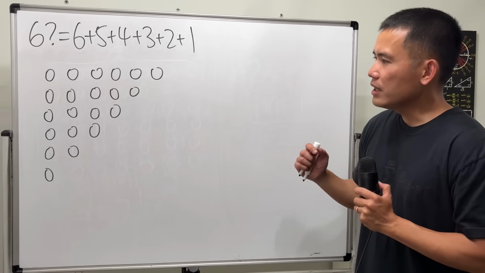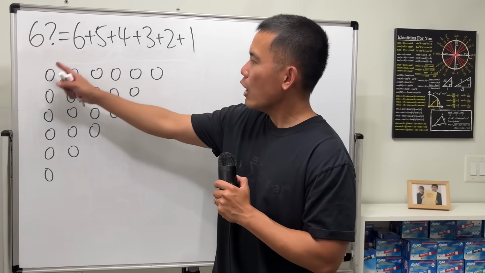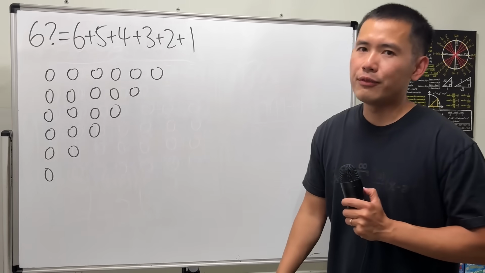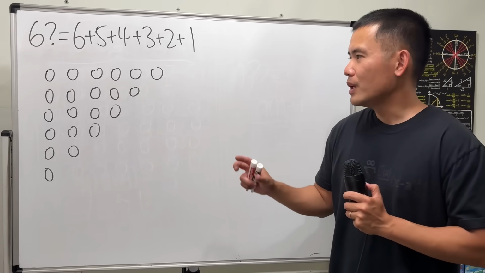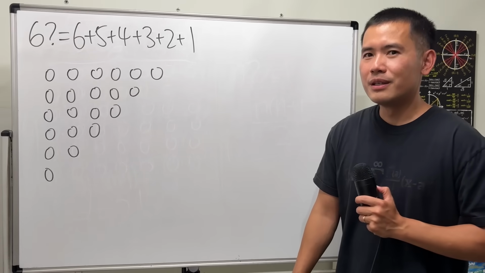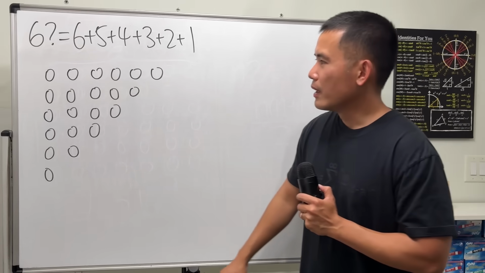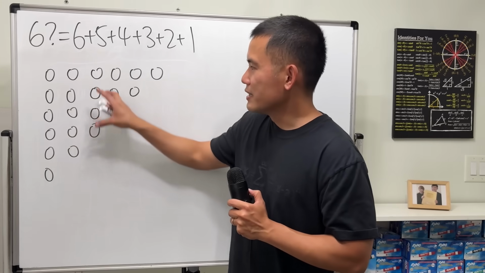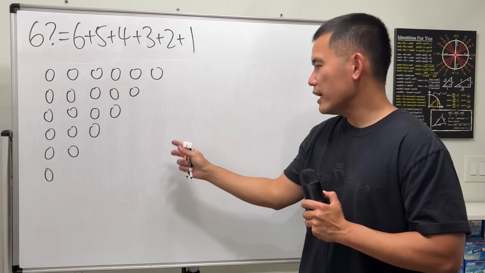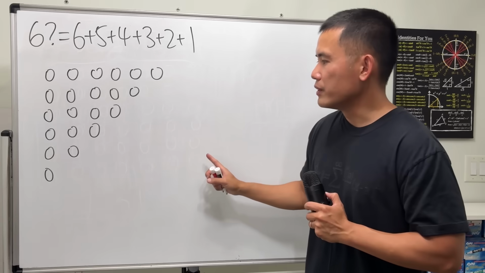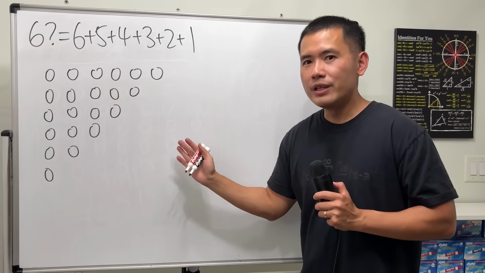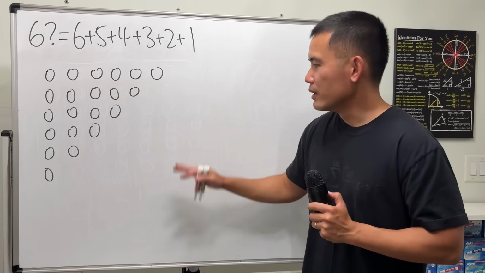And now we have to think about a way to count how many circles do we have right here. If you have a triangle, it's not easy to count. So this is what we can do. I'm going to draw this again, but I'm going to rotate it and then put it on the bottom part of the triangle so that we can create a rectangle.